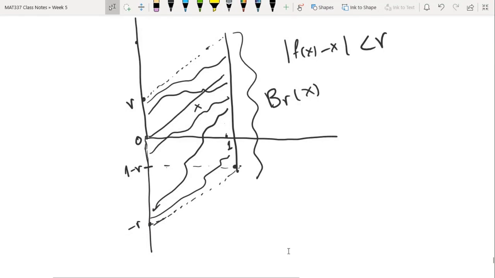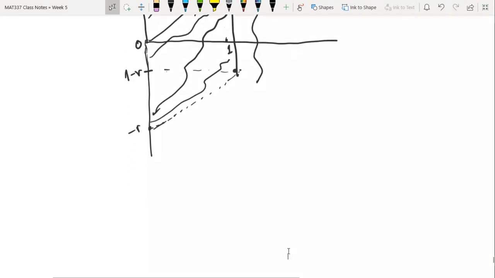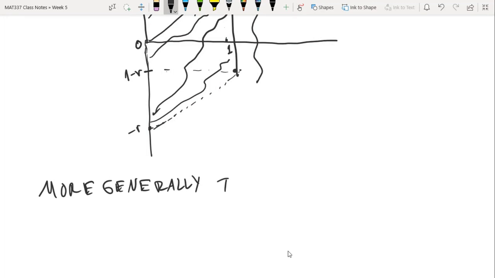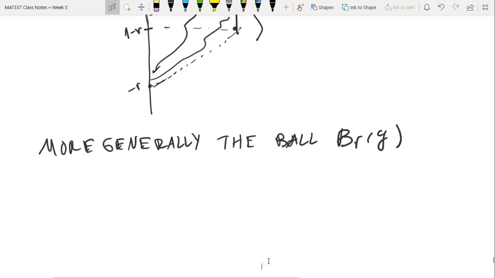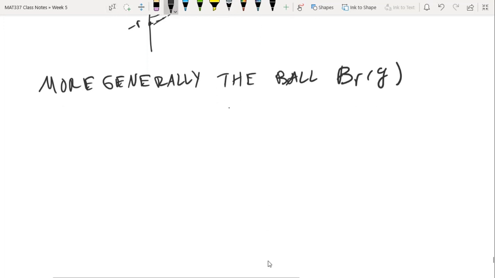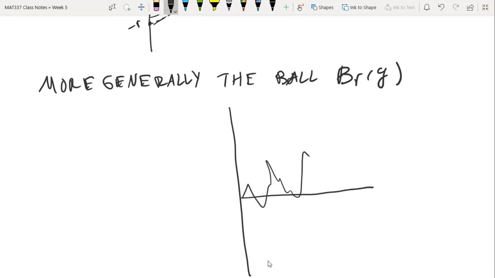So you can imagine more generally, if you want to have some intuition, for the function g, the ball B_r of g, pictorially it would be, so it's hard to draw exactly, but let's say this is g.